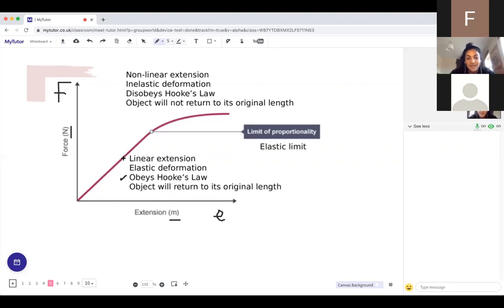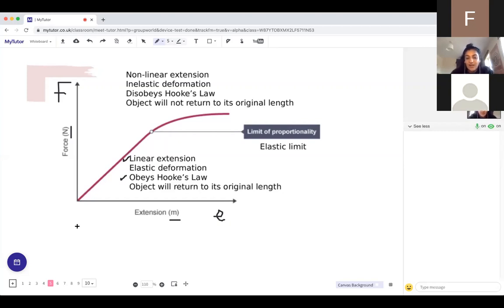It's a linear extension that we have in this section of the graph. Everything's linear. If we change extension, we change force in the same way. Linear just means straight line.